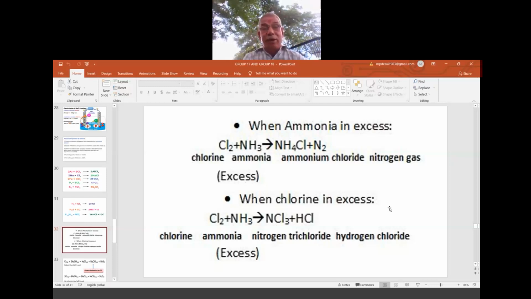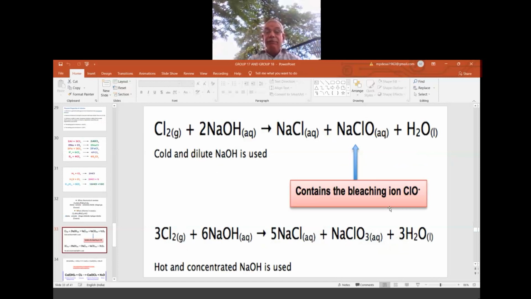A variety of designers are available in our life. They design, and accordingly the route is planned, and products are planned. Ultimately we get NCl3 or NH4Cl, and both are useful for the chemical industry.